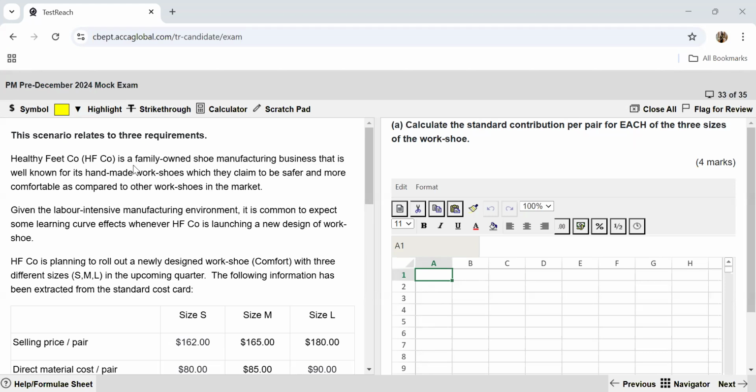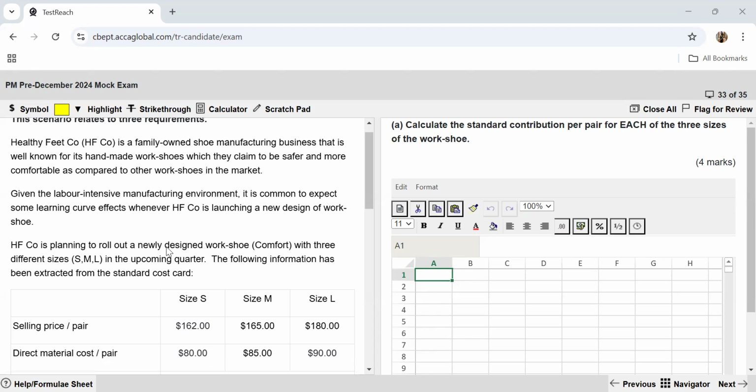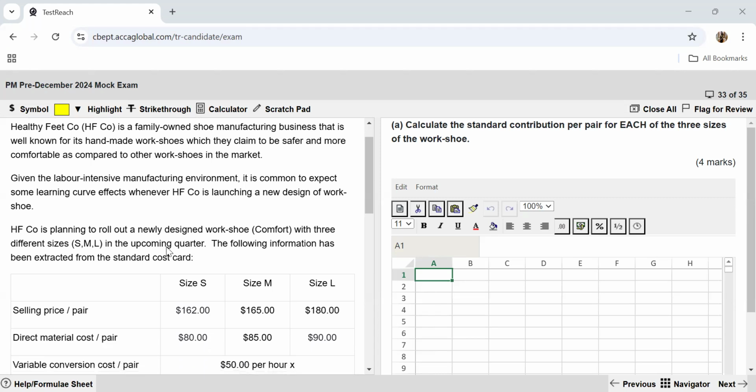So, Healthy Feet Company, HF Company, is a family owned shoe manufacturing business that is well known for its handmade work shoes, which they claim to be safer and more comfortable as compared to other work shoes in the market. Given the labor intensive manufacturing environment, it is common to expect some learning curve effects whenever HF is launching a new design of work shoe. HF Company is planning to roll out a newly designed work shoe Comfort with three different sizes in the upcoming quarter.